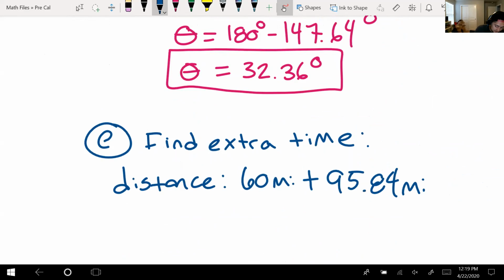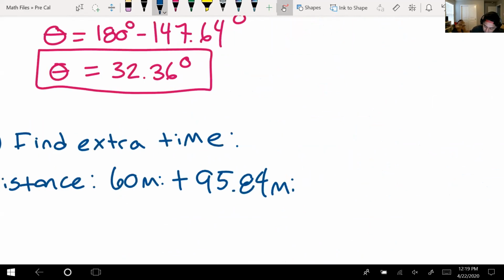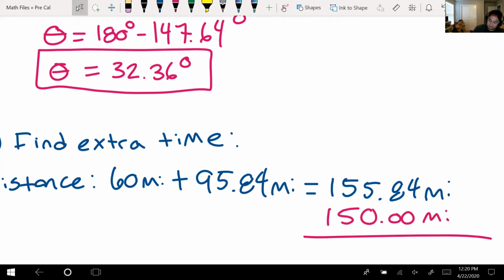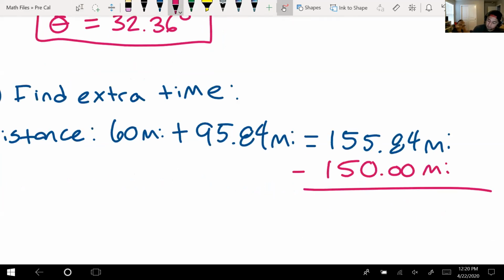So 60 plus 95.84 gives me 155.84 miles. And the distance to get there was originally just 150 miles, which means that they have to go an additional 5.84 miles.